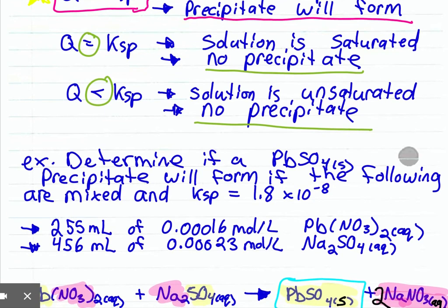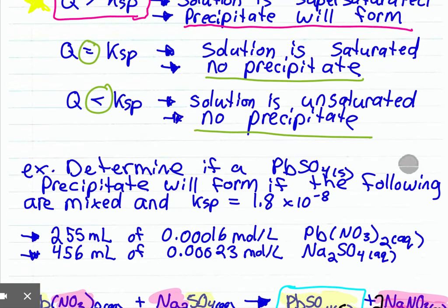All right, so we are mixing 255 mL of 0.00016 mole per liter lead nitrate aqueous and 456 milliliters of 0.00023 mole per liter sodium sulfate.